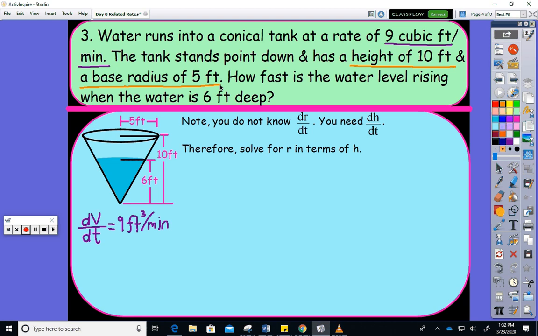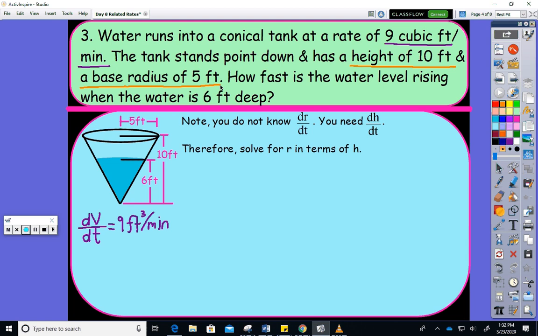And that is regardless of how tall the water is in the tank. So if the water is all the way up to the top of the tank, then the radius is going to be half the height. If the water has dribbled out and is just at the very, very bottom tip of the tank, then the radius is still half of the height of that water at that point. So keep that in mind for later.